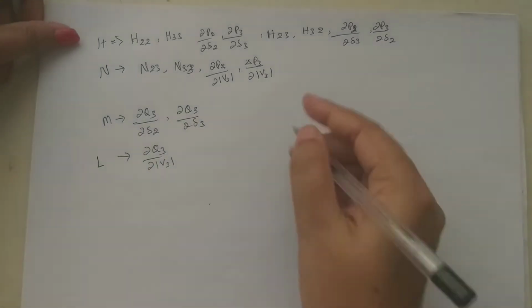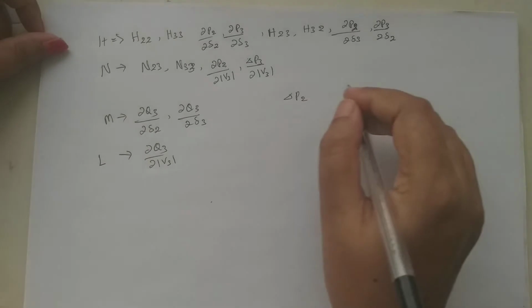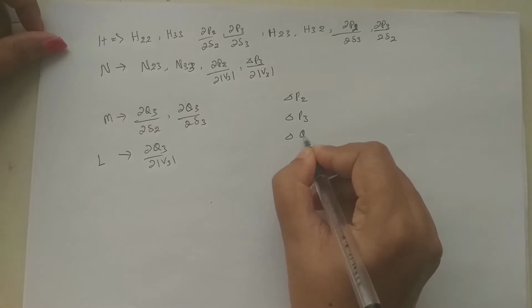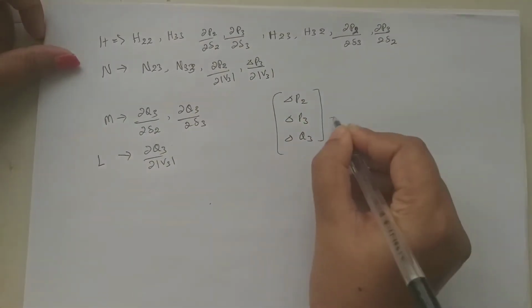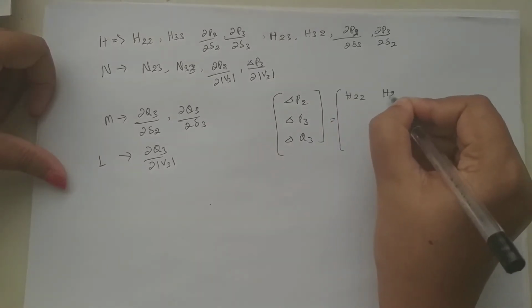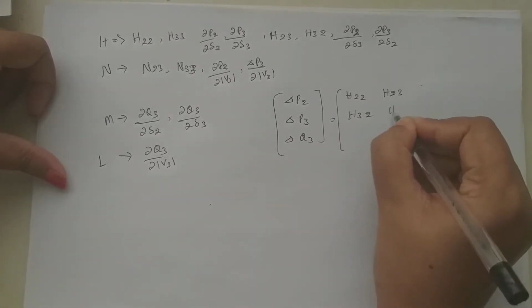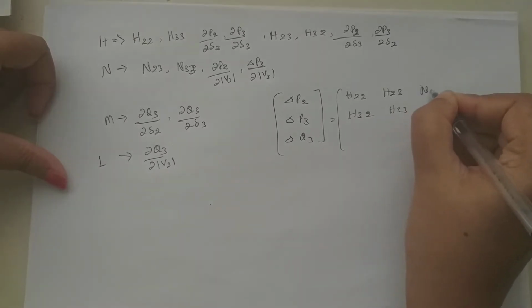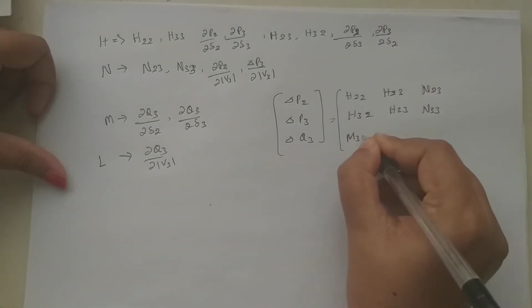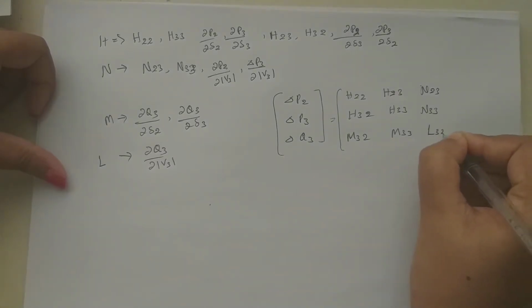Therefore, the matrix delta P2, delta P3, delta Q3 is equal to the matrix H22, H23, H32, H33, N23, N33, M32, M33 and L33.